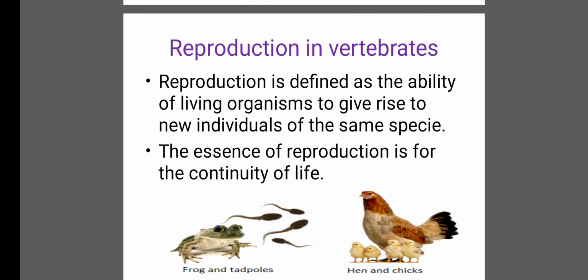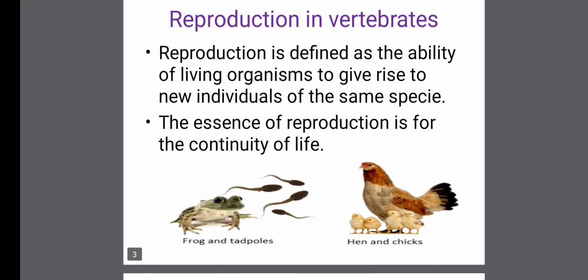Definition of reproduction. Reproduction is defined as the ability of living organisms to give rise to new individuals of the same species. In other words, a goat cannot give birth to a rat, neither can a rat give birth to a monkey.